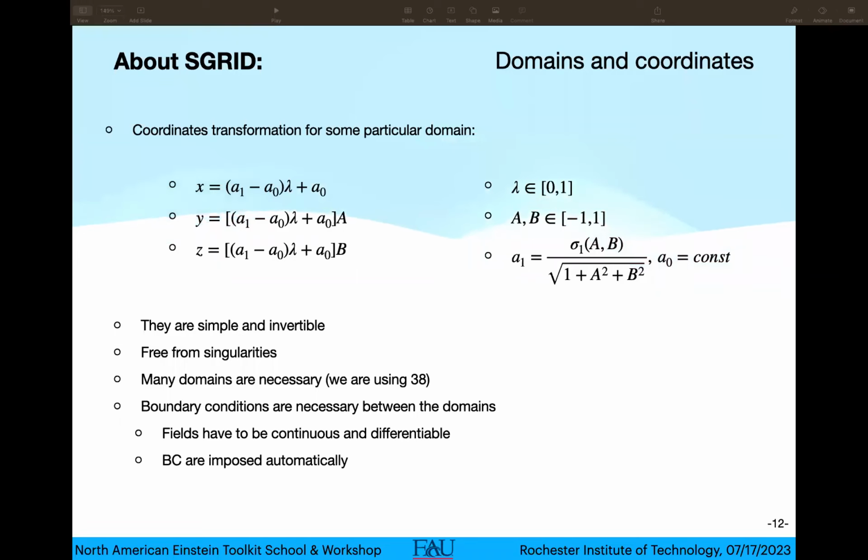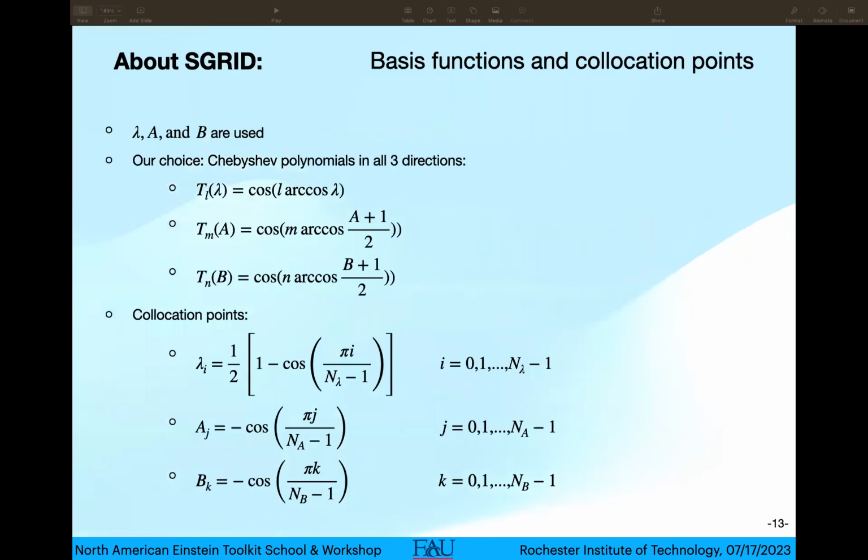It is quite straightforward to do it, and they basically can fit the surface of the star and allow us to go through these calculations efficiently. So these are just coordinate transformations, and I mentioned we are expanding the fields into some basis polynomials.